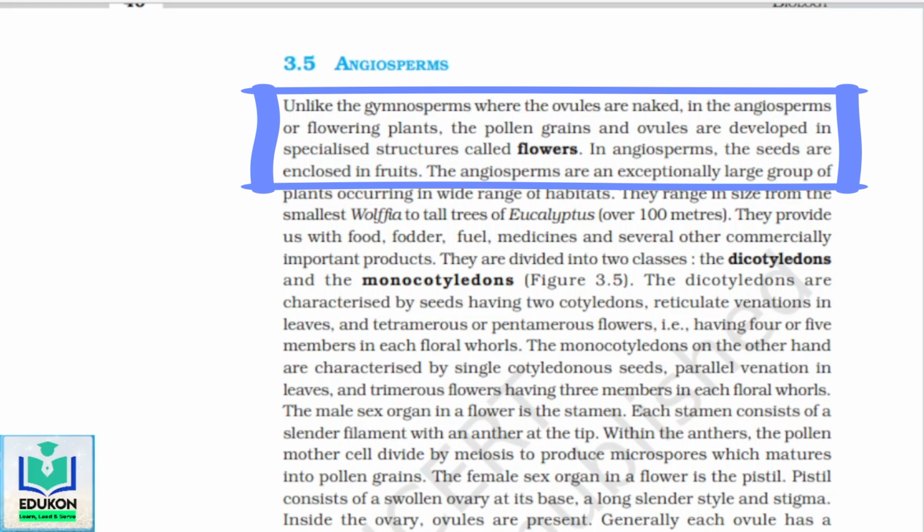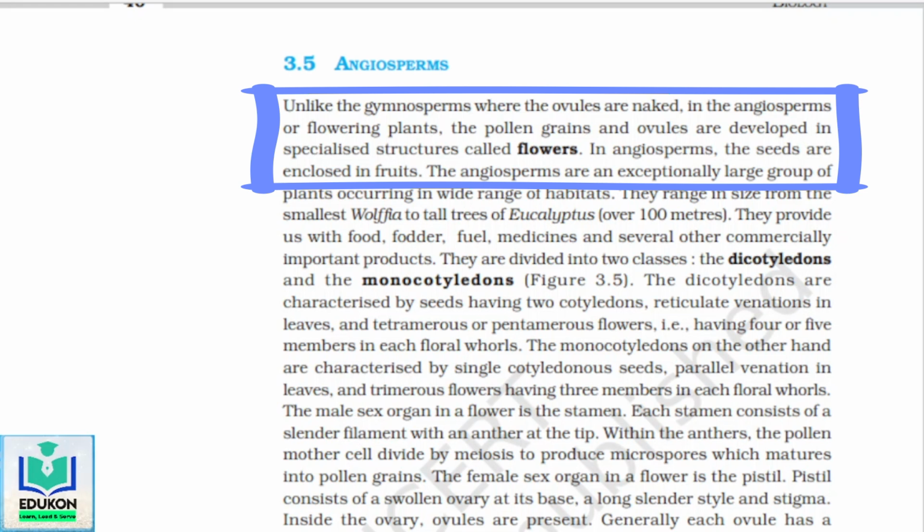Unlike gymnosperms, where the ovules are naked, in angiosperms or flowering plants, the pollen grains and ovules are developed in specialized structures called flowers. In angiosperms, the seeds are enclosed in fruits. The angiosperms are an exceptionally large group of plants occurring in a wide range of habitats.